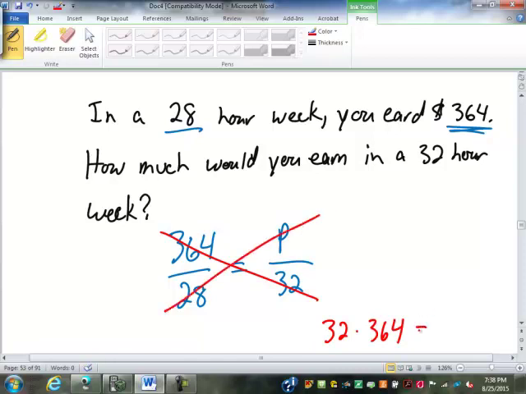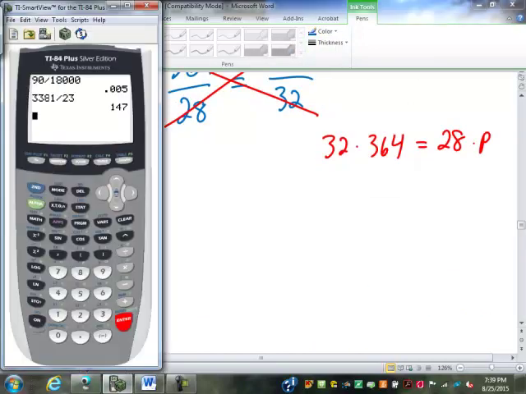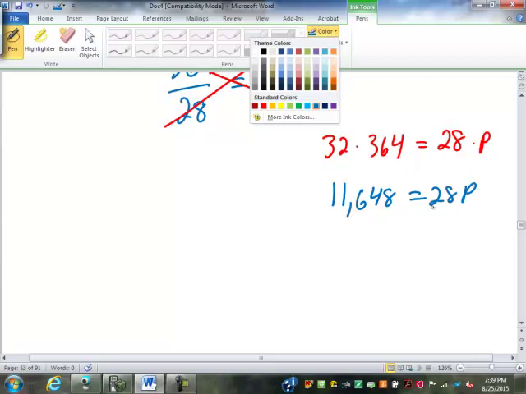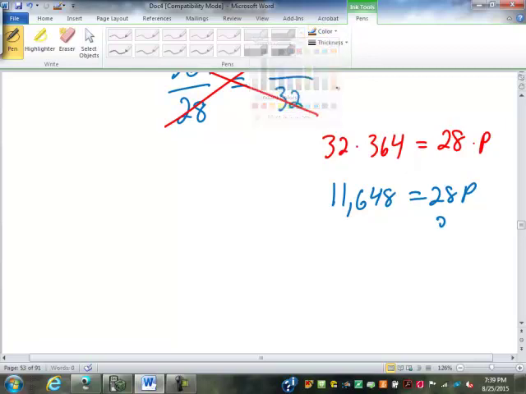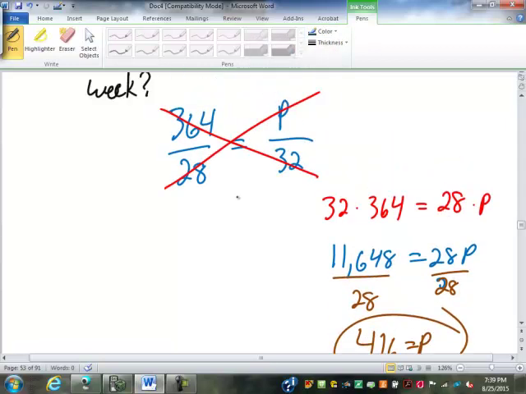In the other direction, we have 28 times P. So 32 times 364 is 11,648. And then divide by 28. 416. So you'd make $416 if you work 32 hours in a week.